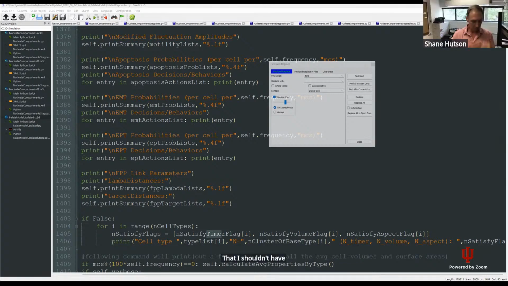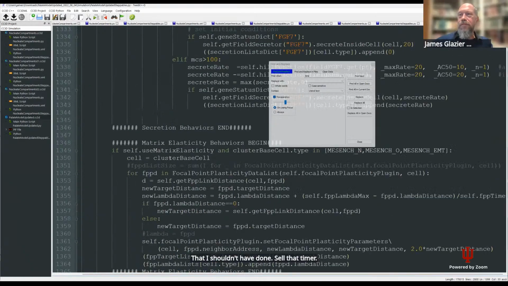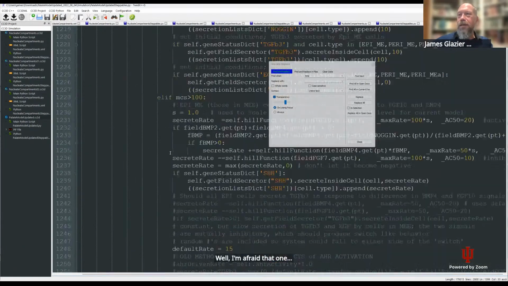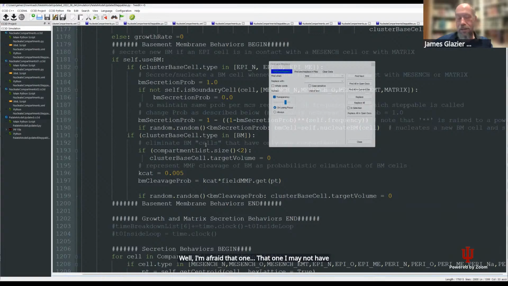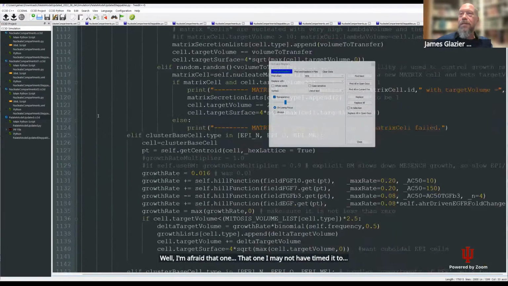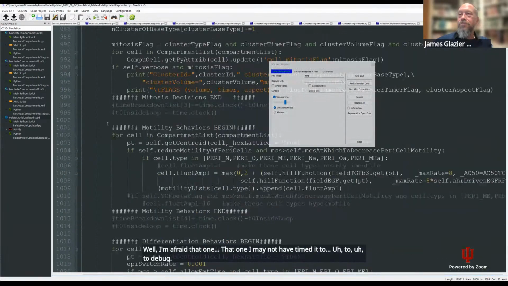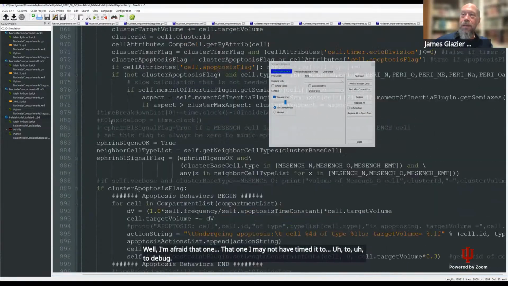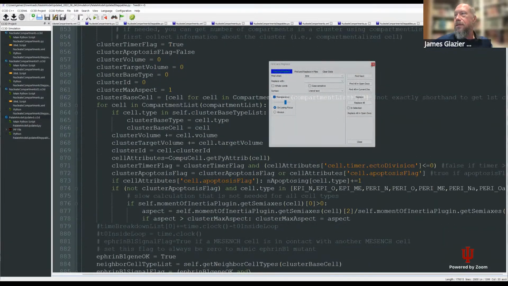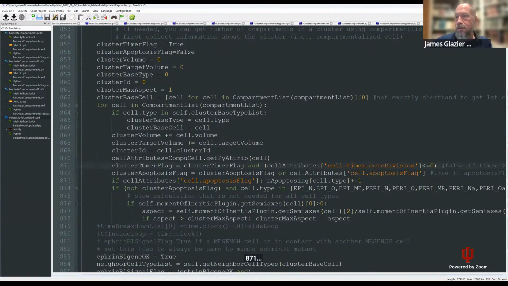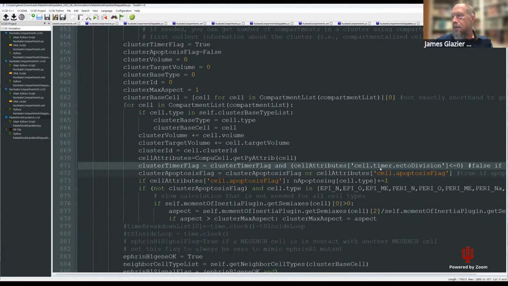It's the cell timer. I'm afraid that one I may not have time to debug.